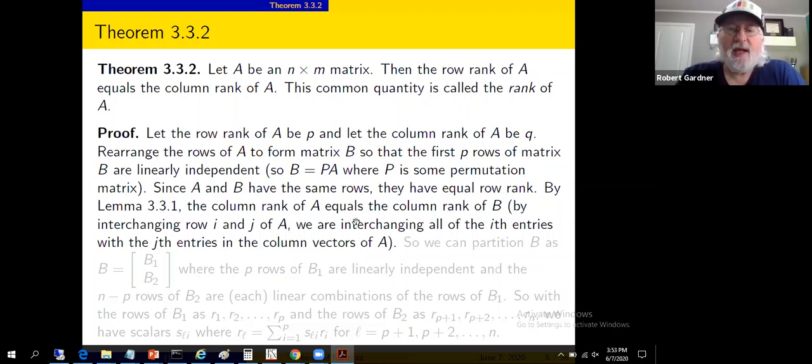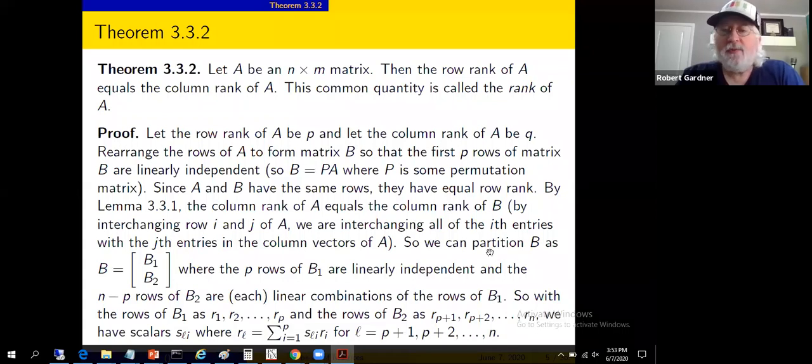The number of linearly independent columns of A, which equals the column rank of A, is the same as the number of linearly independent columns of matrix B. The columns are different, but the number of linearly independent ones is the same.